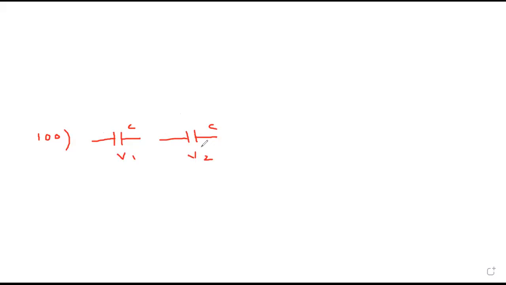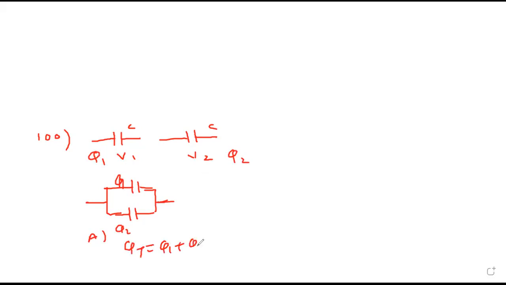After disconnecting them from the source, they are connected parallel to each other. Then net charge, if this is charge Q1 and this is charge Q2, will become Q1 plus Q2.